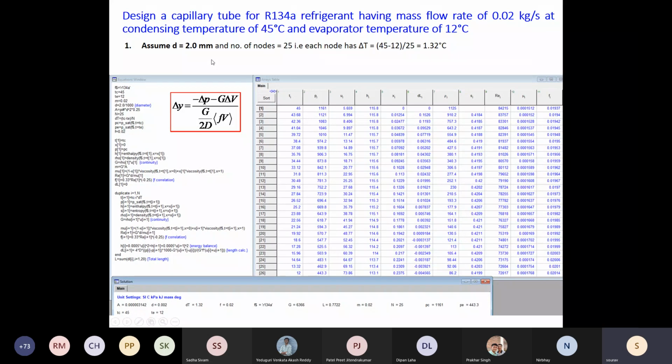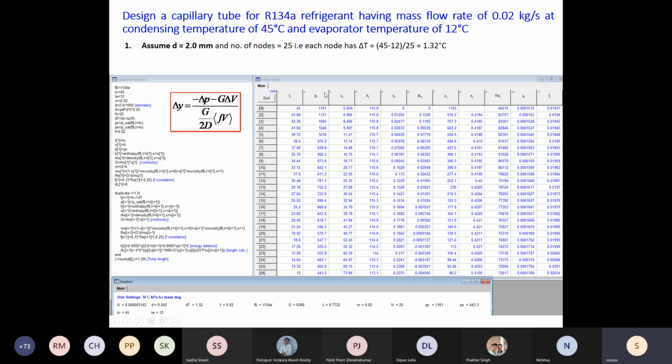Okay, and divide your entire, in this case, temperatures are given. So you can either divide it into the temperatures or pressure. That part doesn't matter. So here I have divided the temperature. So anyway, it corresponds to certain evaporator pressures. So each node will have a temperature difference of 1.32, and correspondingly you will have the pressure difference.